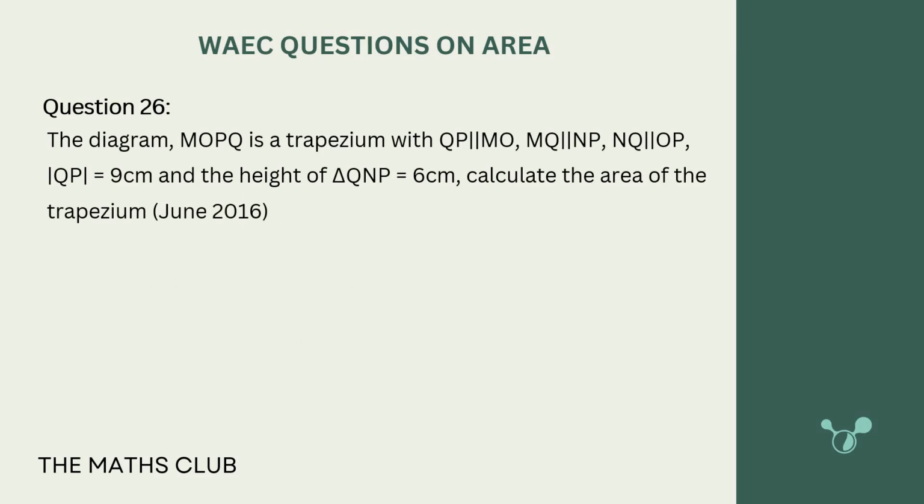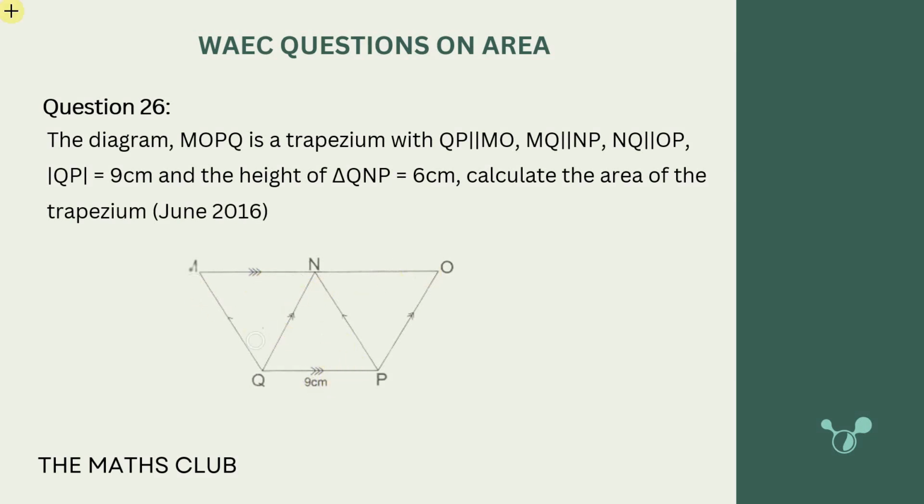Question 6 is that the diagram MOPQ, so these are M, these are O, these are P, these are Q. MOPQ is a trapezium where QP is parallel to MO. You can see this 3 and this 3.